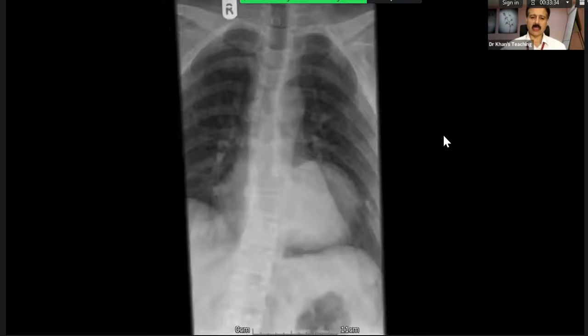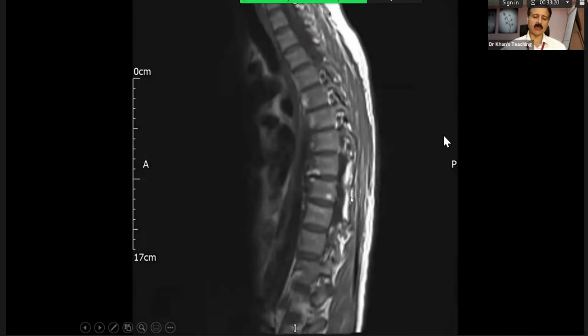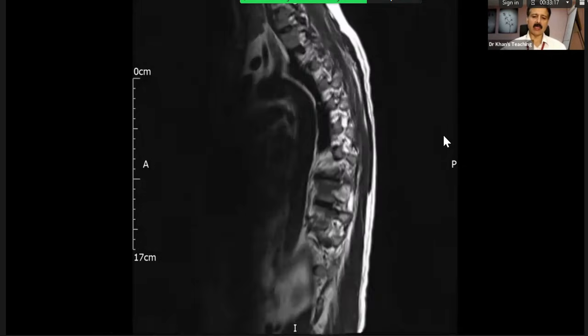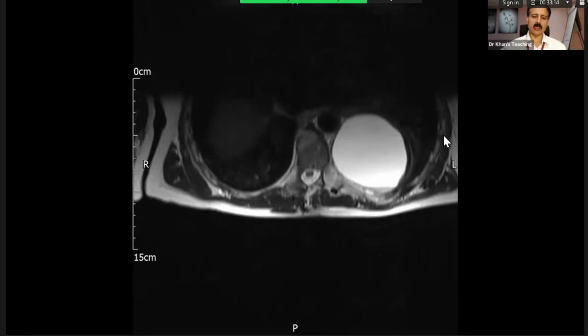So these things tell you, just this pedicle, you cannot comment. But once you see this is long-standing. And then here, you picked up very well that it is going into the neural foramen, and on the axial also, that was confirmed.